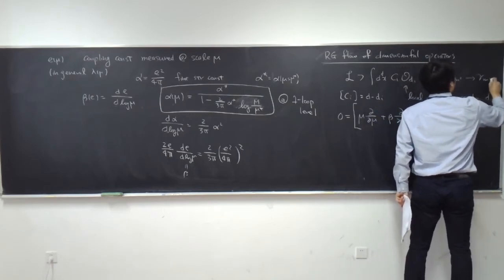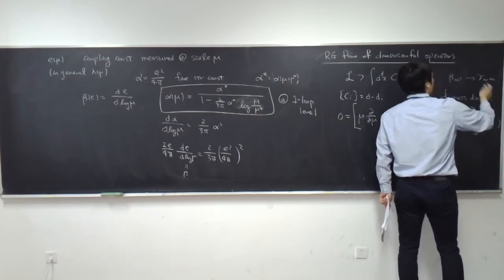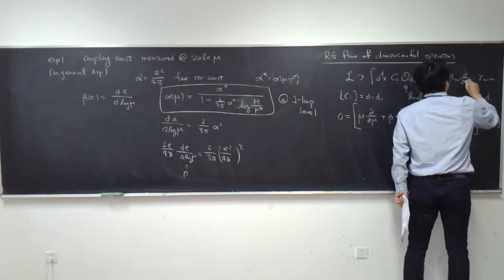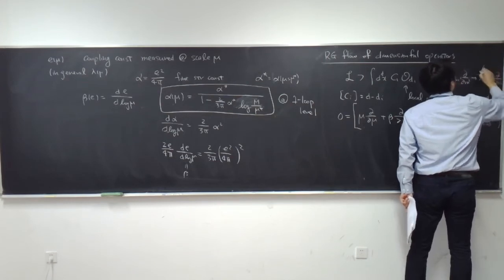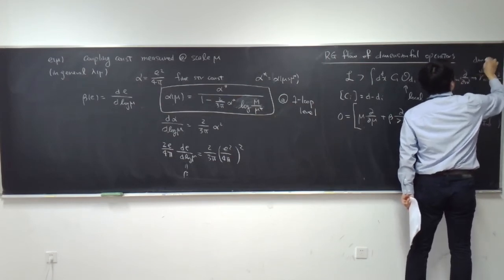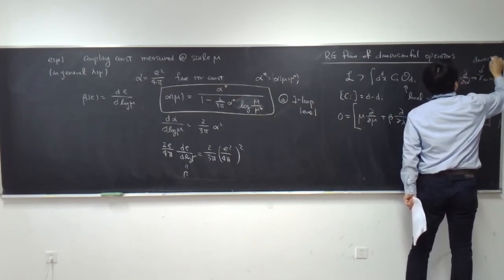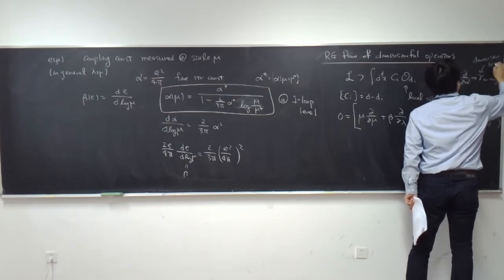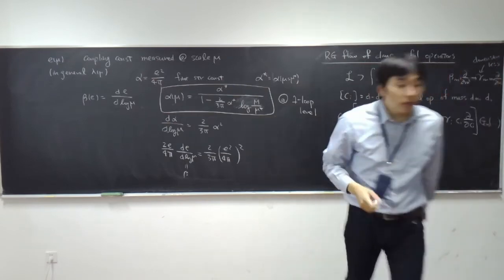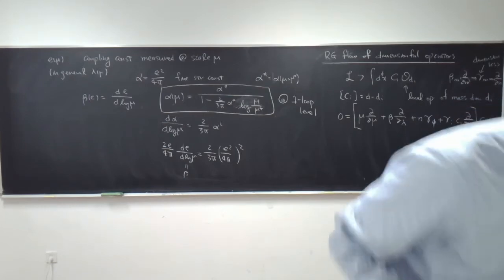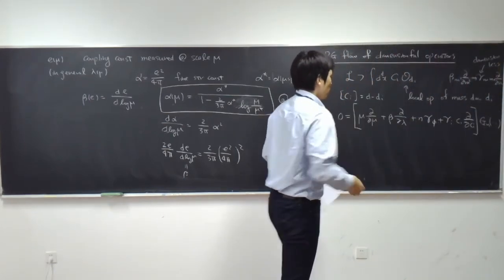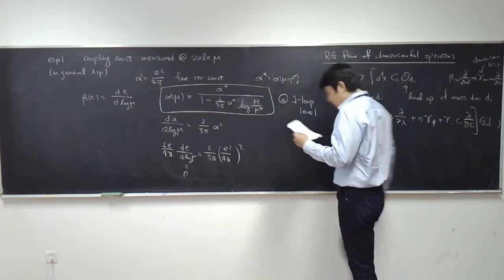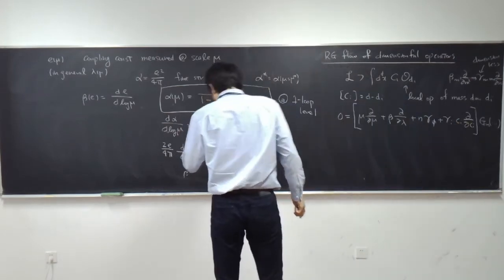It can be just rewritten, and this is dimensionless. Can you see this part? Okay, hopefully you can see that. Dimensionless parameter. So that's how I write here. It just depends on notation.